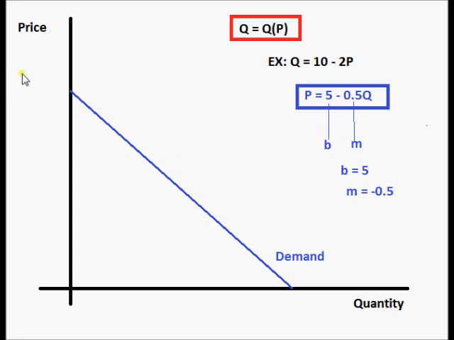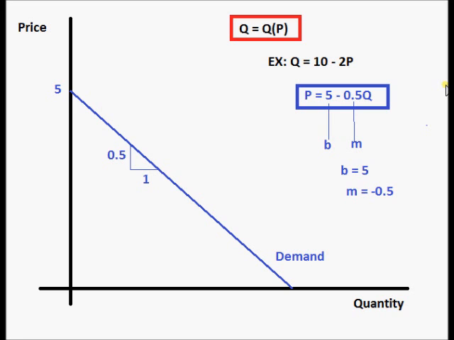To be complete with the labeling, the intercept is indeed 5. A good way to think about slope is that we go down by 0.5 for every 1 we go over. So that's a complete depiction of this linear demand curve.